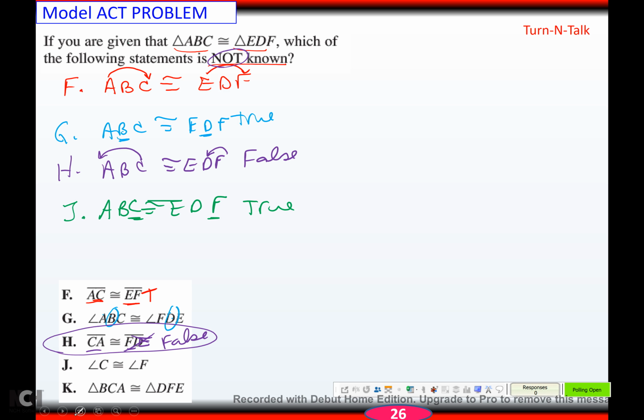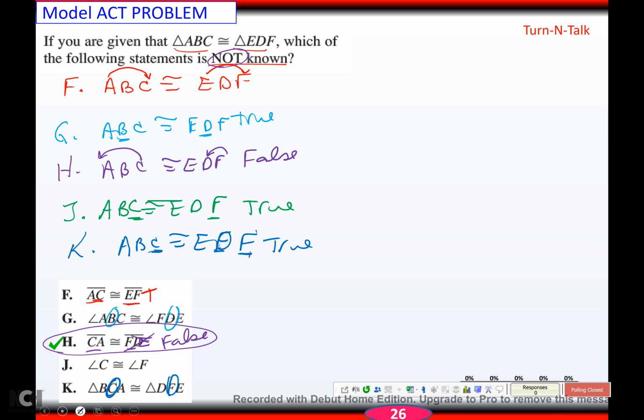That's true. And then K, I have ABC congruent to EDF, says angle BCA, that's angle C, and angle DFE, that's angle F, which are in the same position, so again, that would be true.